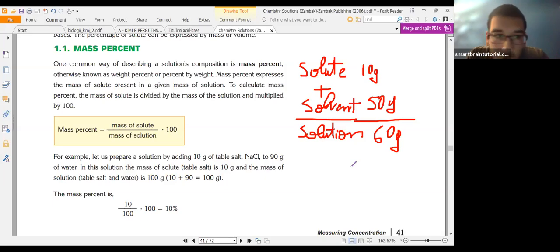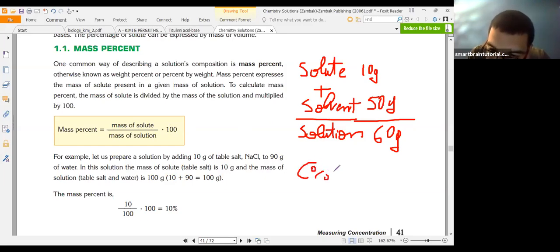One type of concentration of solutions is mass percentage concentration, or mass percent.